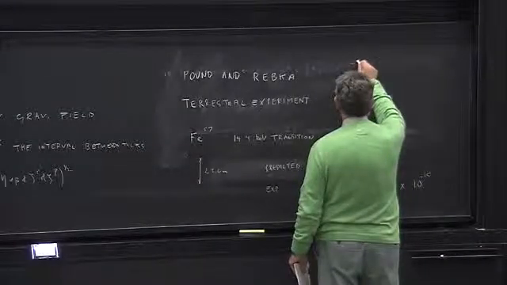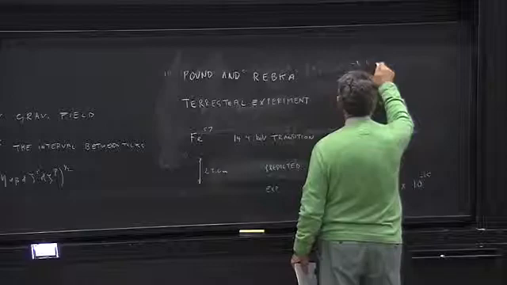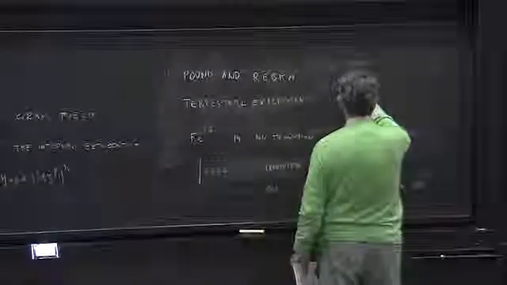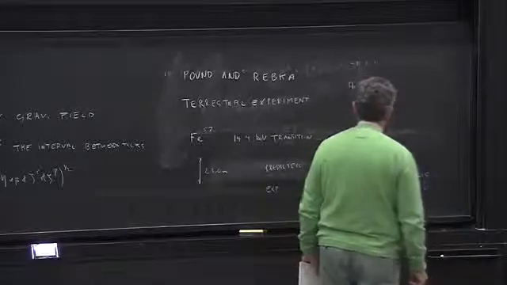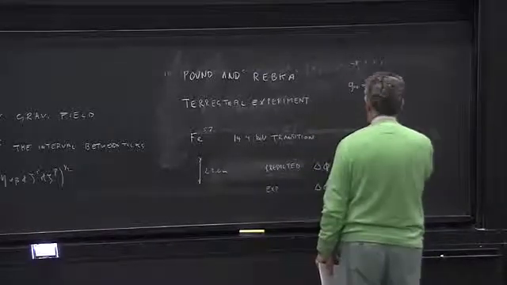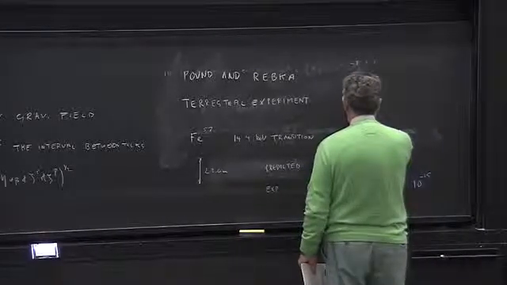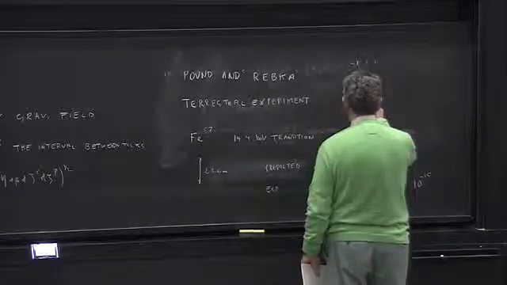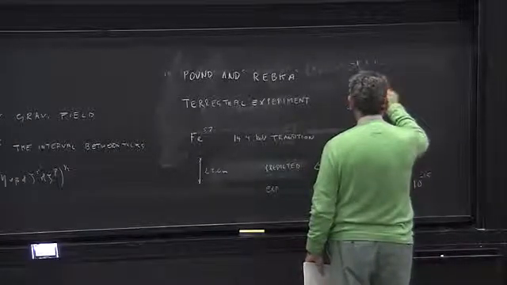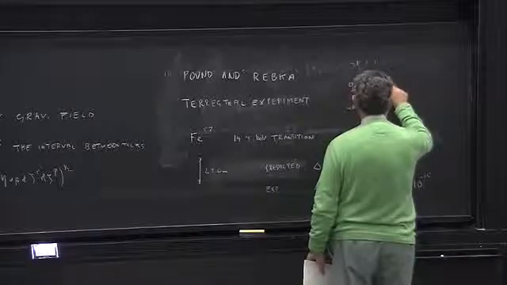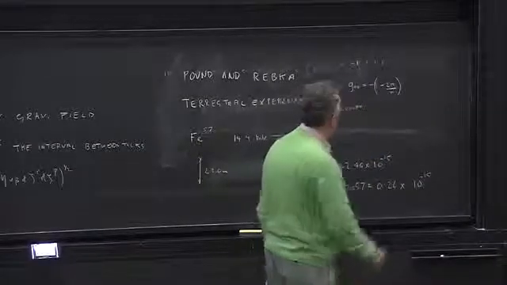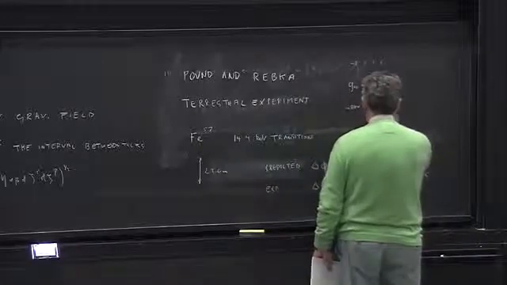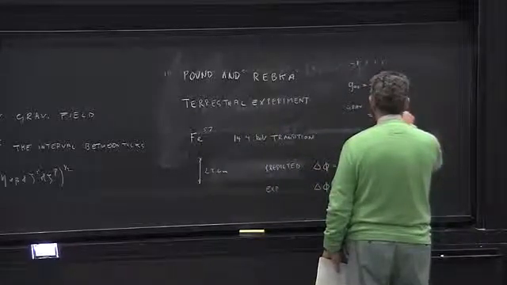It's not. In our metric, g_00 starts out as -1. And in a gravitational field, it's -1 plus 2m over r.